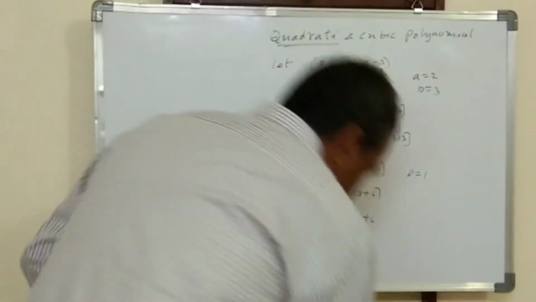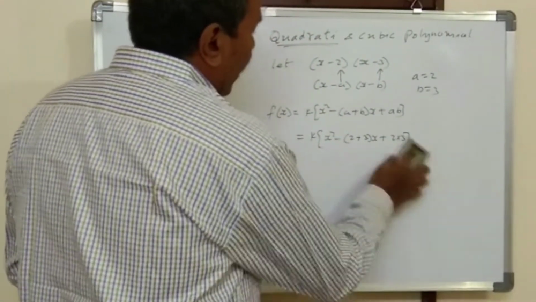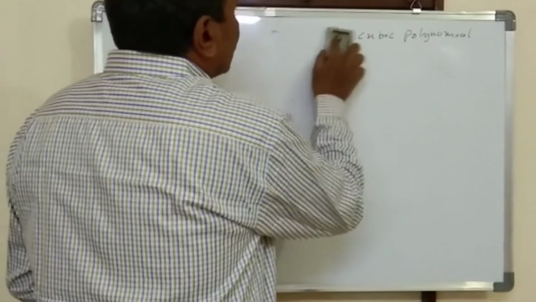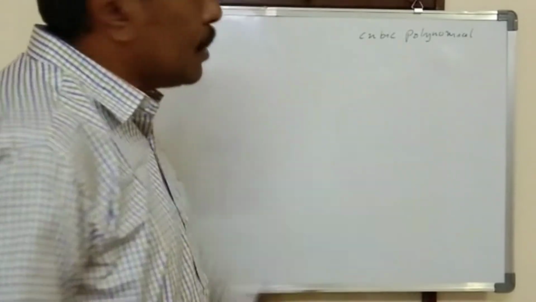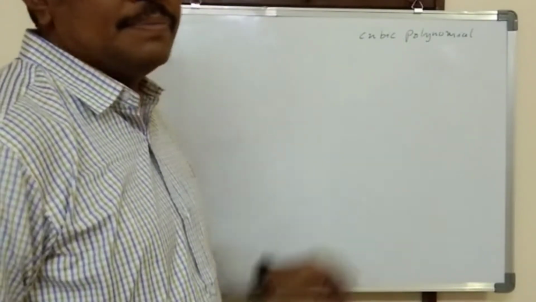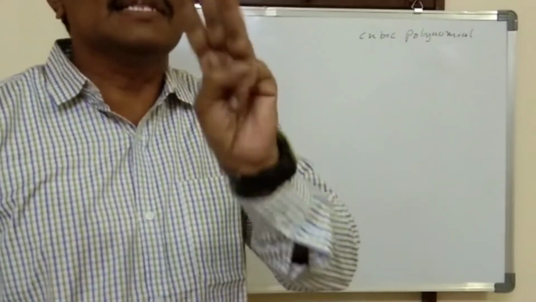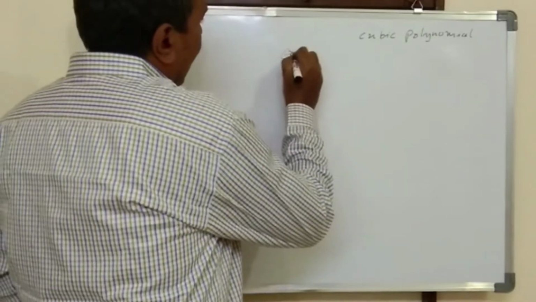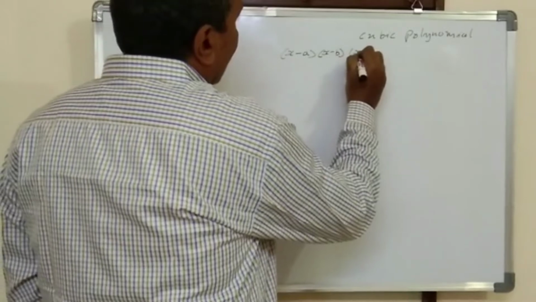Now the next one is how to form a cubic polynomial. The quadratic polynomial is over, now we come to the cubic polynomial. A cubic polynomial has at most 3 factors, because its degree is 3. So let the factors be x minus a, x minus b, x minus c.